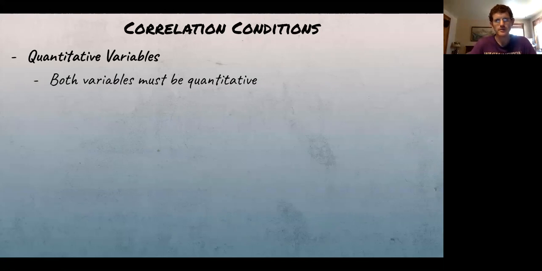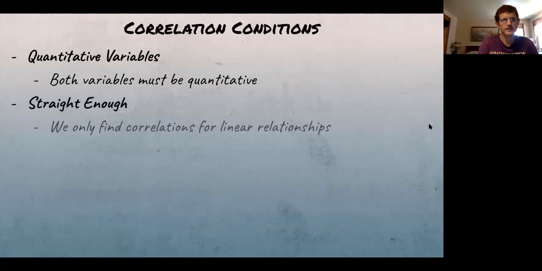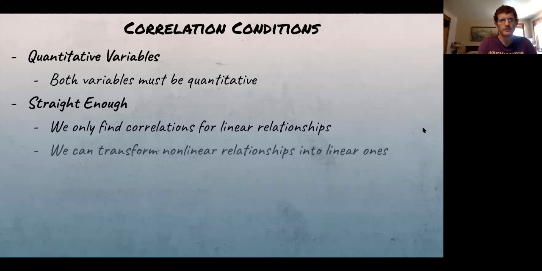So look at what you're comparing. If one of them's not quantitative, then a scatter plot makes no sense. Straight enough. And we will definitely come back to this idea, but we only find correlations for linear relationships. If it's nonlinear, we can transform it, but that will be something that we handle much later. We'll just talk about it conceptually today.